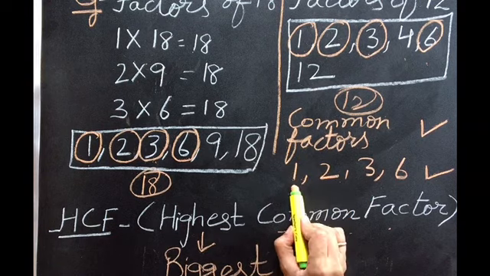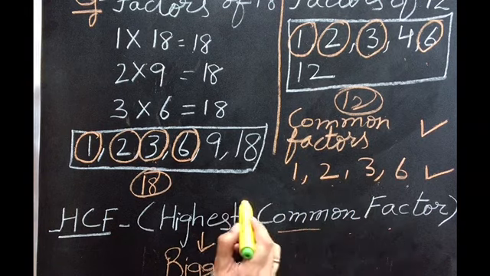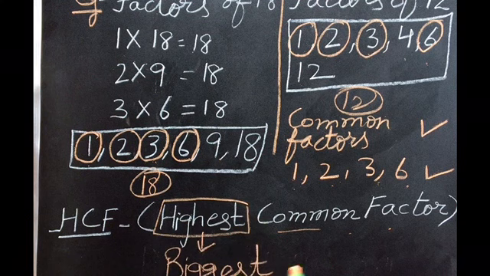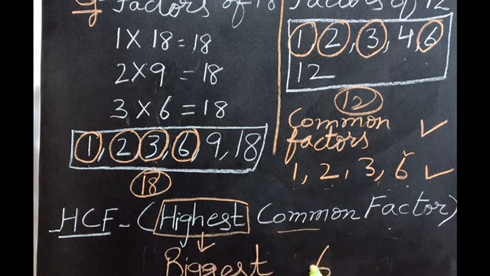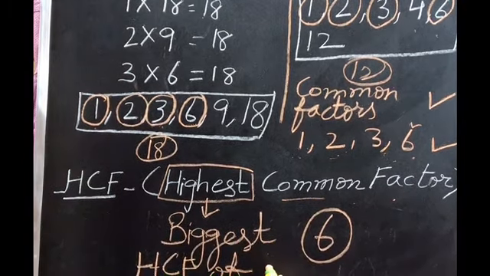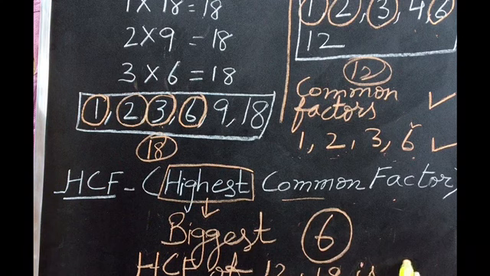So then 1, 2, 3, 6 are the common factors; the highest, biggest, is which one out of them? 6. Fine. So HCF of 12 and 18 is 6. Fine. So 6 is the HCF of 12 and 18.